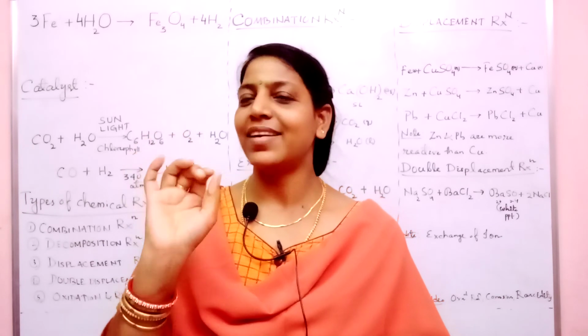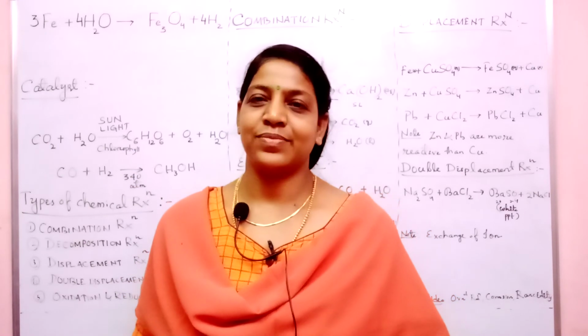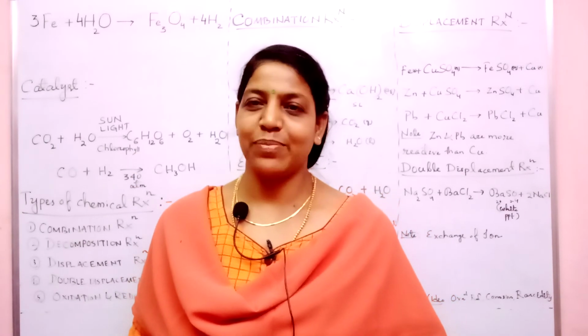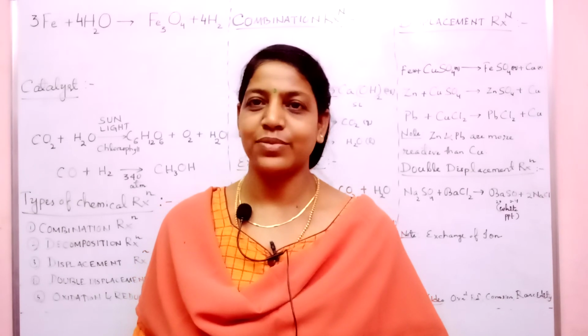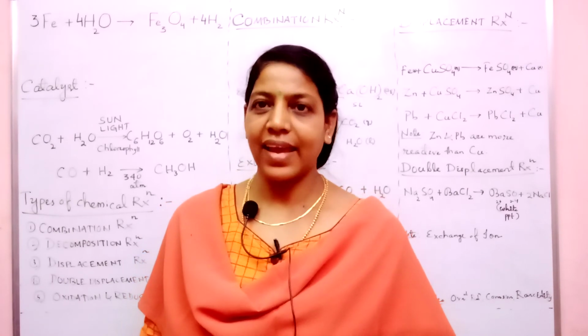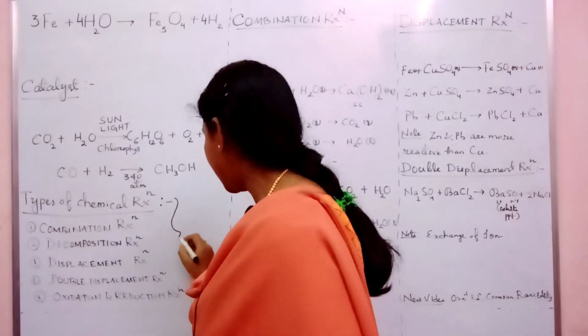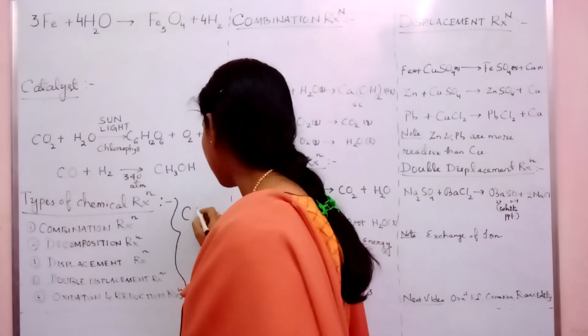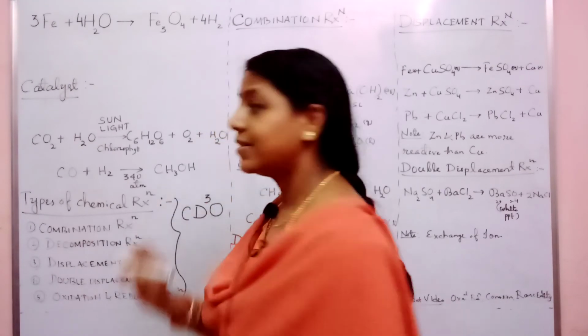How to remember? I'll tell you one small trick. All of you know CDO, Civil Discipline Officer. Am I right? CDO. This is one of the ranks, the CDO post. So here if you write CDO, keep D to the power 3.